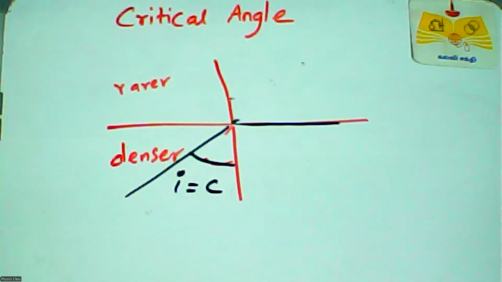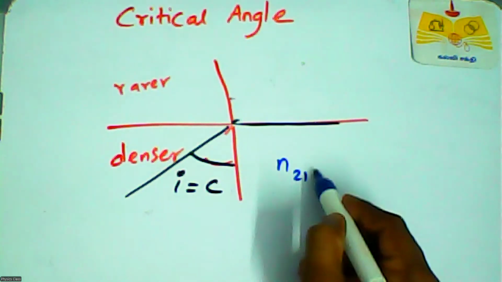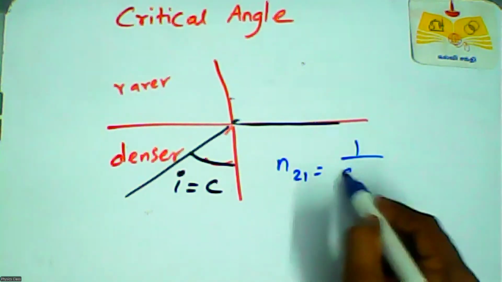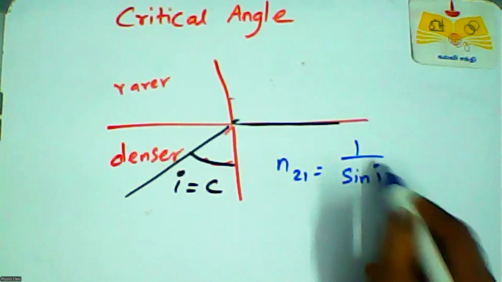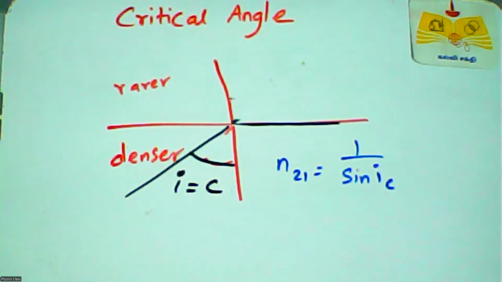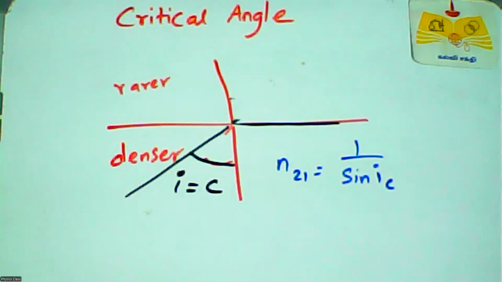Clear? So the equation for critical angle in your book is n21 = 1 by sin ic. Here n21 means the refractive index of the denser medium with respect to the rarer medium.